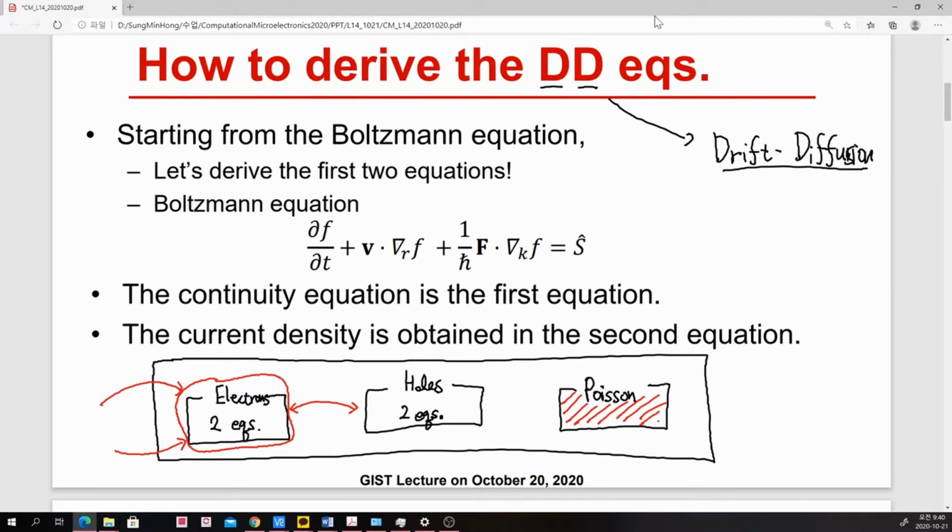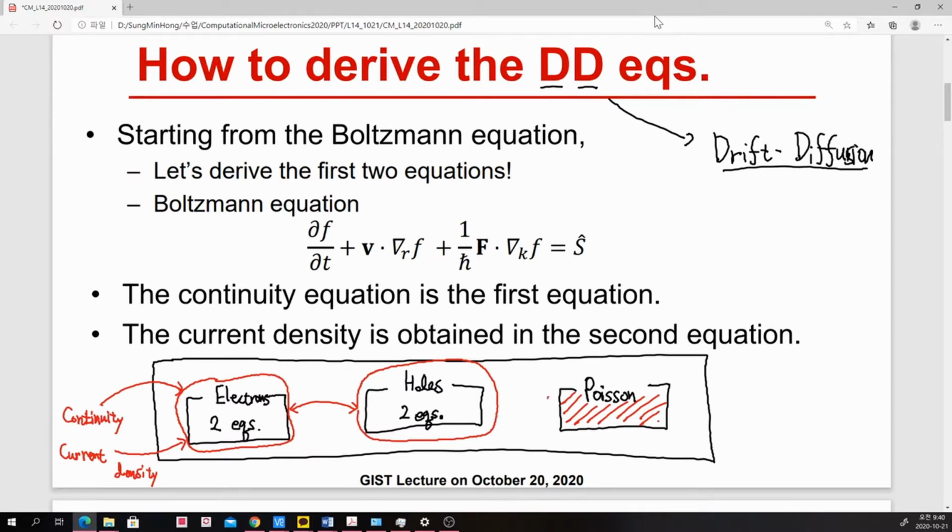So we will try to derive the so-called continuity equation and another equation for current density, and these are for electrons. However, just by copy and paste, we can generate also the whole continuity equation and the whole current density expression for holes.